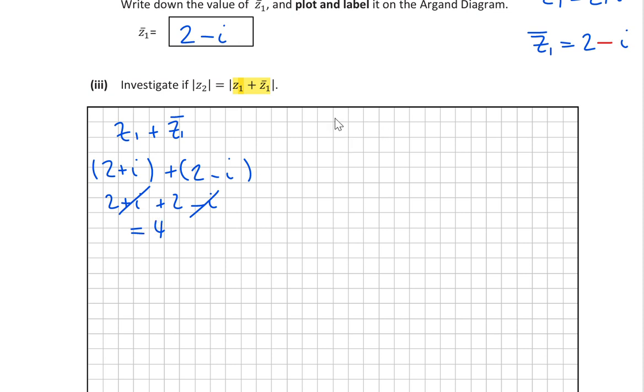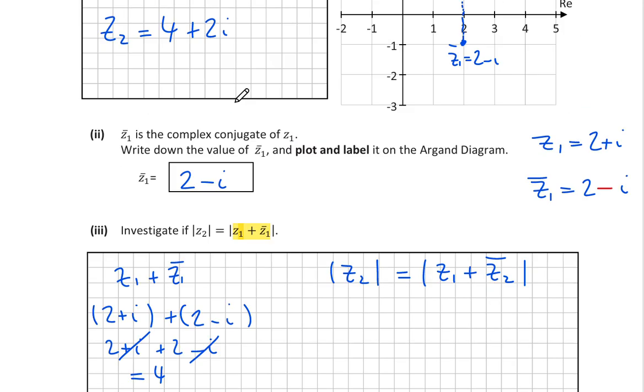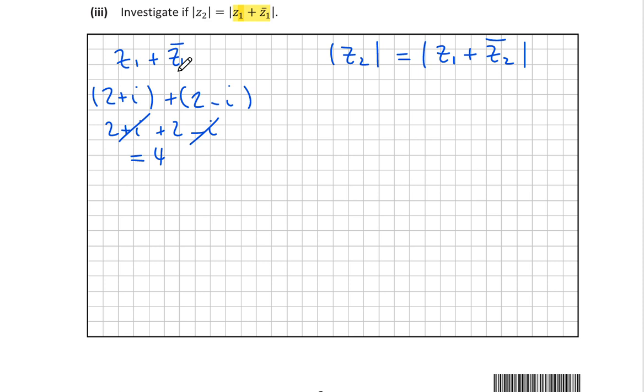And you're asked to find now, the modulus of Z2, is it equal to the modulus of Z1 plus the complex conjugate of Z1? That's what those 2 lines down the side mean. So, what is that? We've got to go and work that out as well.